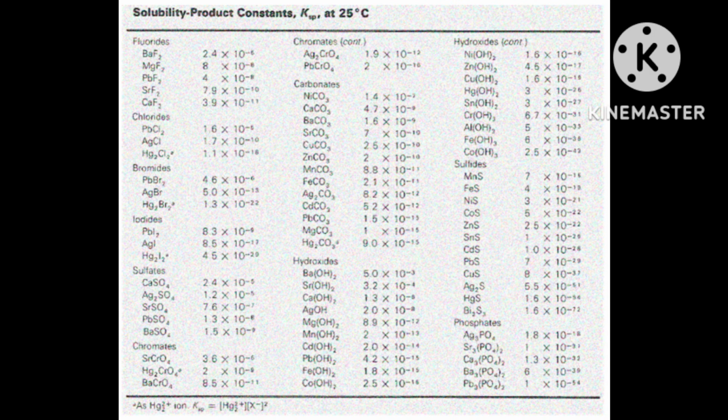And here what you got? S2 into 2S2 square, because in the balanced equation for nickel hydroxide you write Ni plus 2OH, and because the coefficient is 2, it will go to power 2.